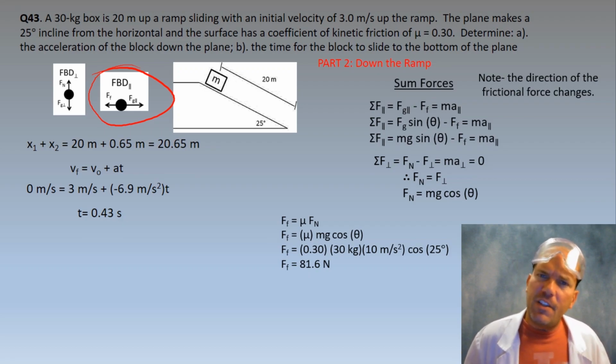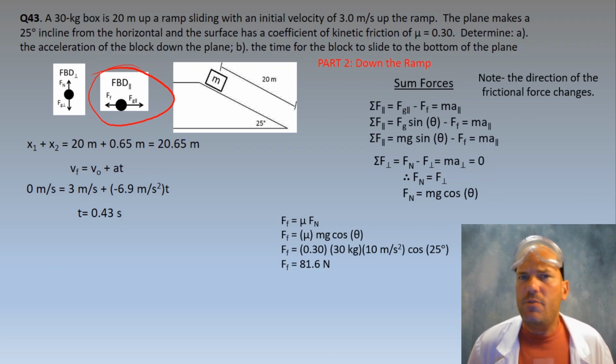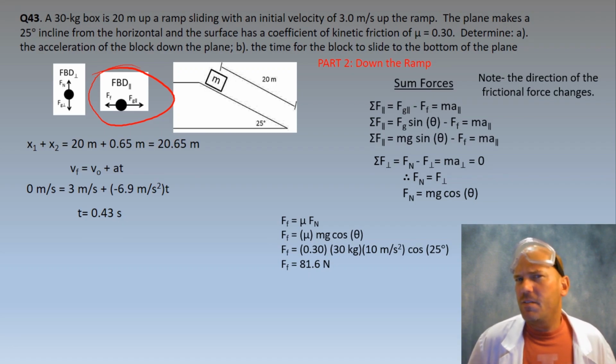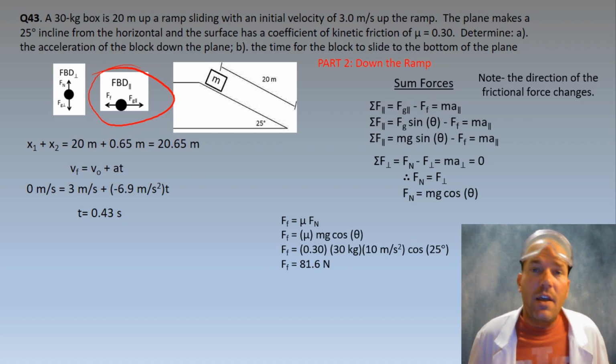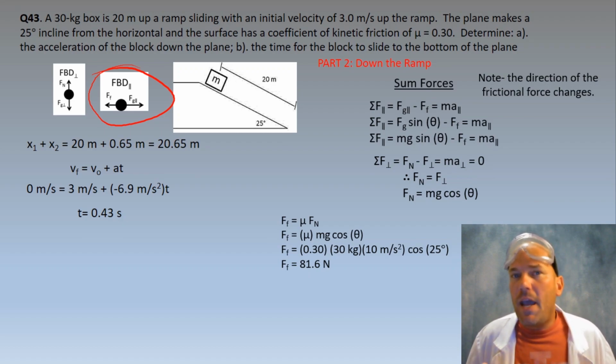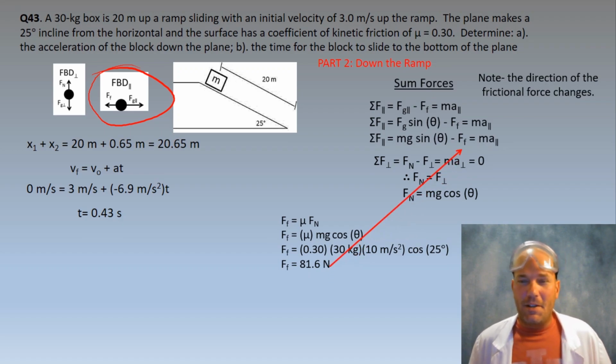That's a property of the surface of the incline. The mass of the object hasn't changed, which could affect force of friction by way of increasing force normal, but that doesn't occur. Therefore, the magnitude of the force of friction remains constant. It is the same as in part A, or part 1 rather, of this problem.